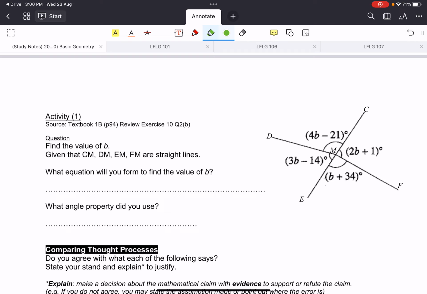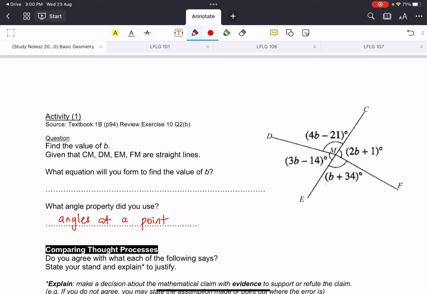So in this case, instead of using vertically opposite angles or even angles on a straight line, I would use angles at a point, right? So the property that I will use will be angles at a point.